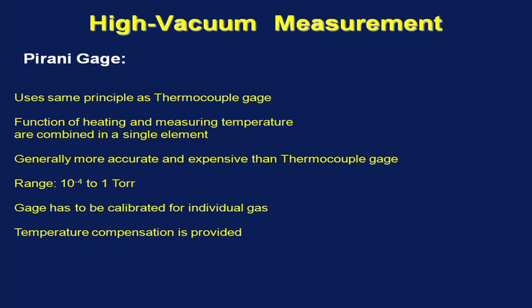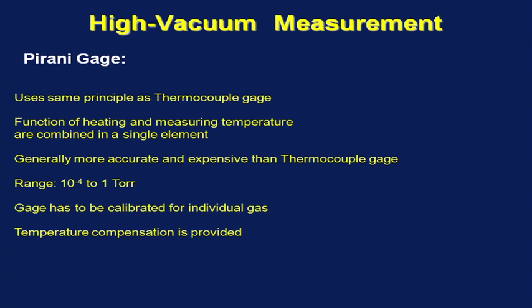Let us now talk about Pyrani gauge. Pyrani gauge uses the same principle as thermocouple gauge. However, here the function of heating and measuring temperature are combined in a single element. It is generally more accurate and expensive than thermocouple gauge.